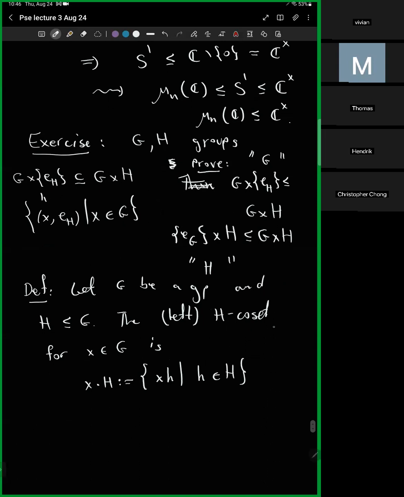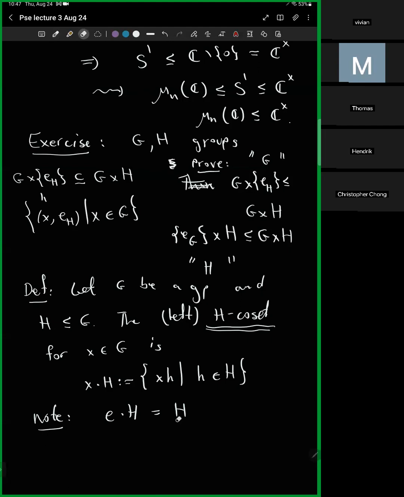So this is the coset defined by an element in G. Note, for example, e times H is simply equal to H, because what is e times H?